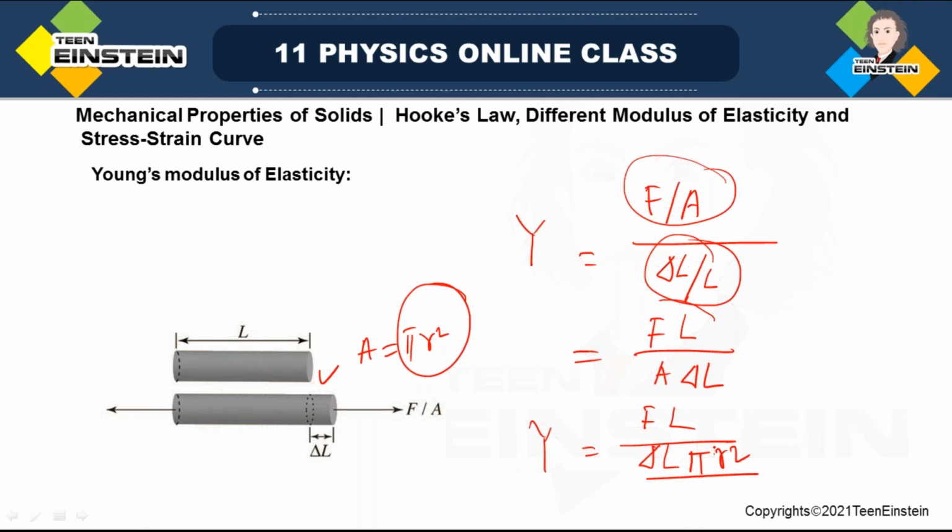From this particular modulus, we can define the force also. So Young's modulus is F into L by delta L, where area is pi r square.